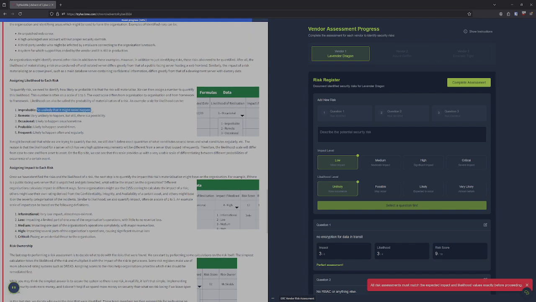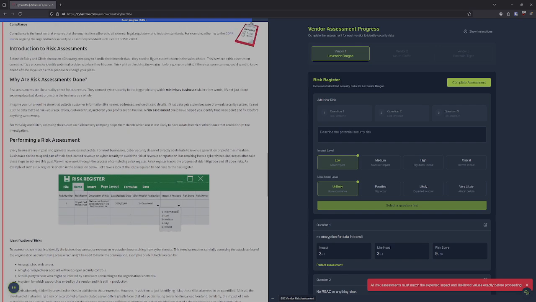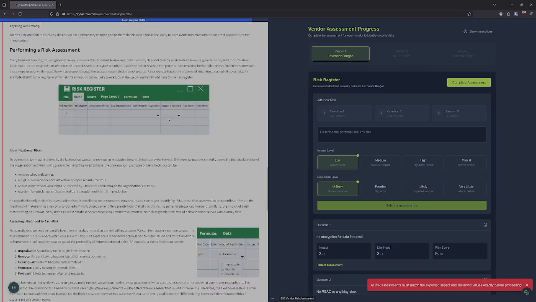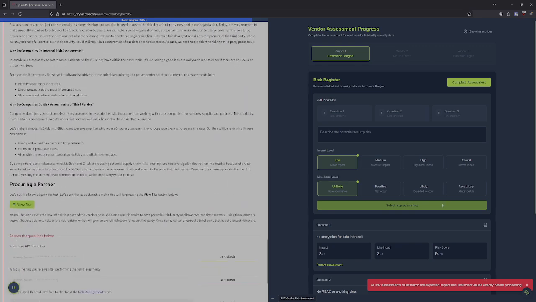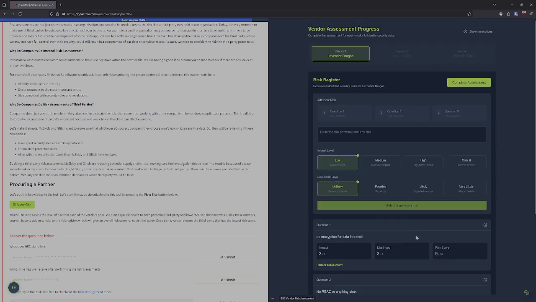So unlikely that it might never happen. So this is improbable. Unlikely. These don't even match up to what's in here. I have no idea what this is supposed to be. But apparently I cannot proceed because I'm not close enough.